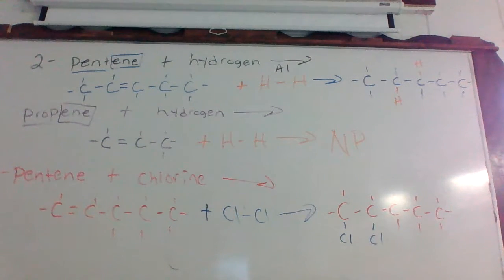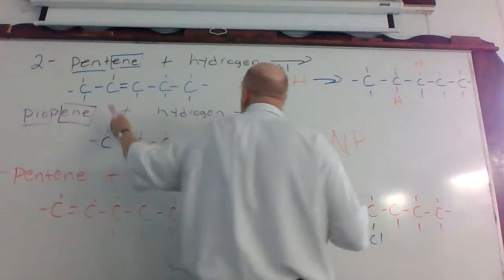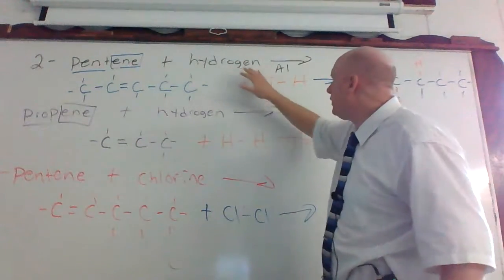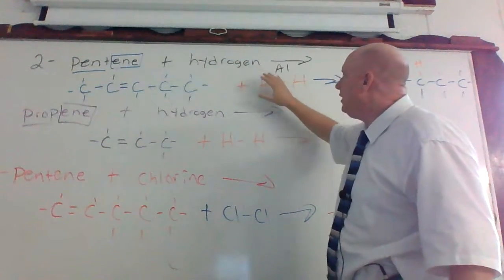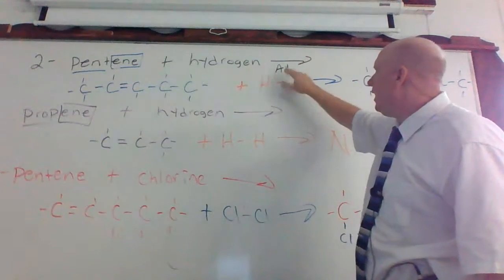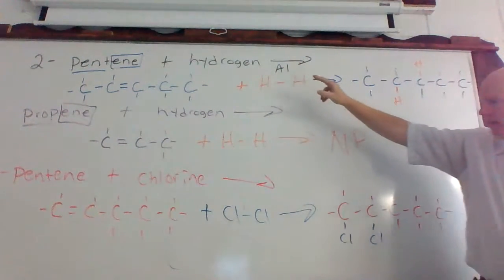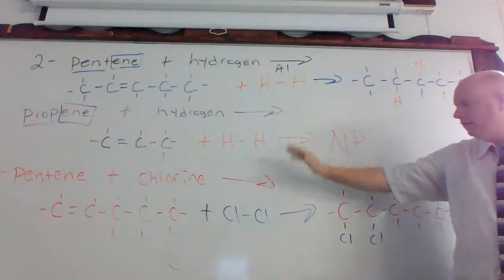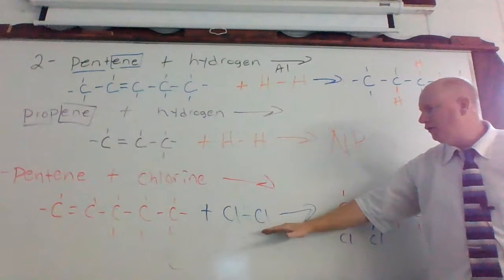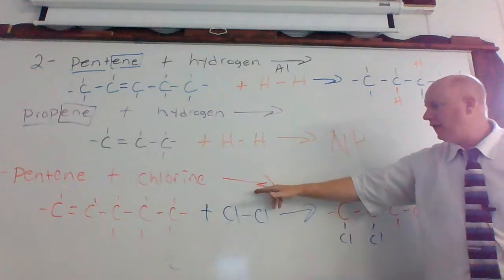Now, I went through that really, really quick. Left side, are we on the bus? Middle, are we on the bus? And right side. The big things I want you to recognize here: first of all, yes, we're dealing with the double bond. We want to see what we're reacting that with. If it's hydrogen, it has to have a catalyst. If it's anything other than hydrogen, like a halogen derivative here, we do not have to have a catalyst.